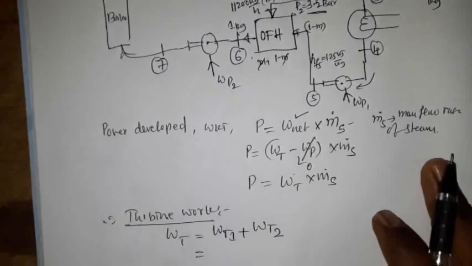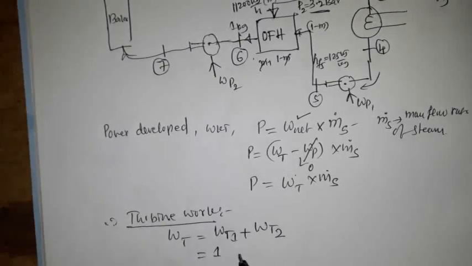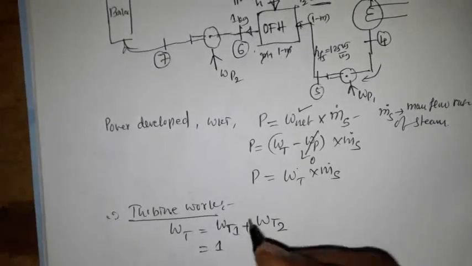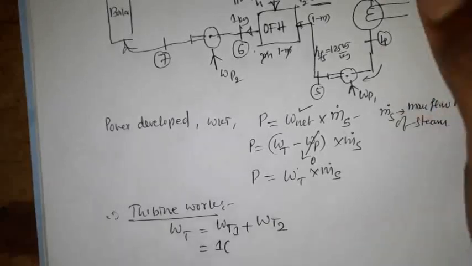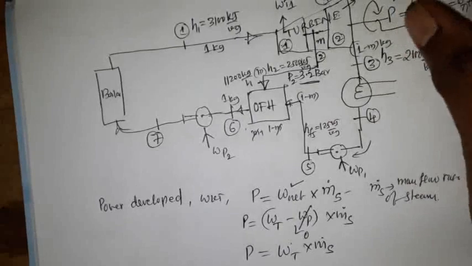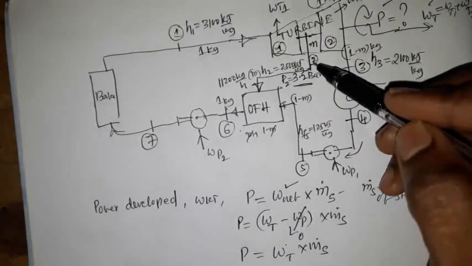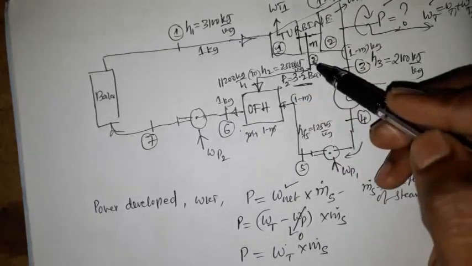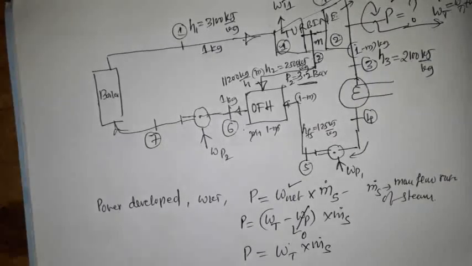So that is 1 kg of steam flowing inside stage 1, and the inlet enthalpy of stage 1 is H1 here, and outlet enthalpy of stage 1 is H2 here. So that is H1 minus H2, the change in enthalpy during stage 1.